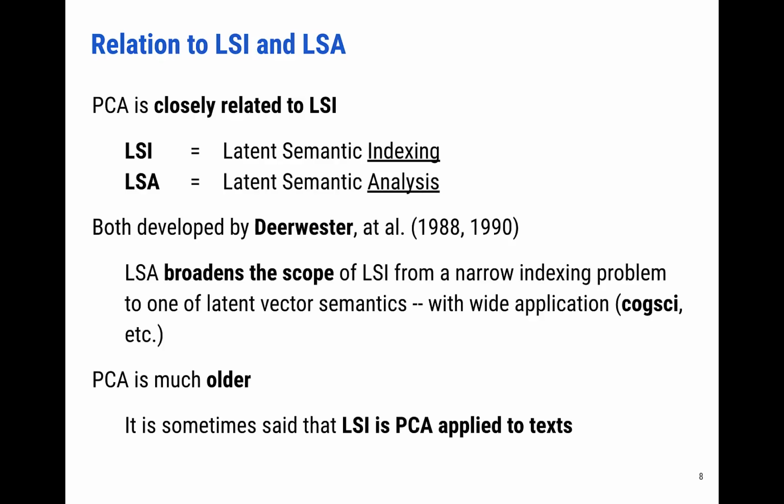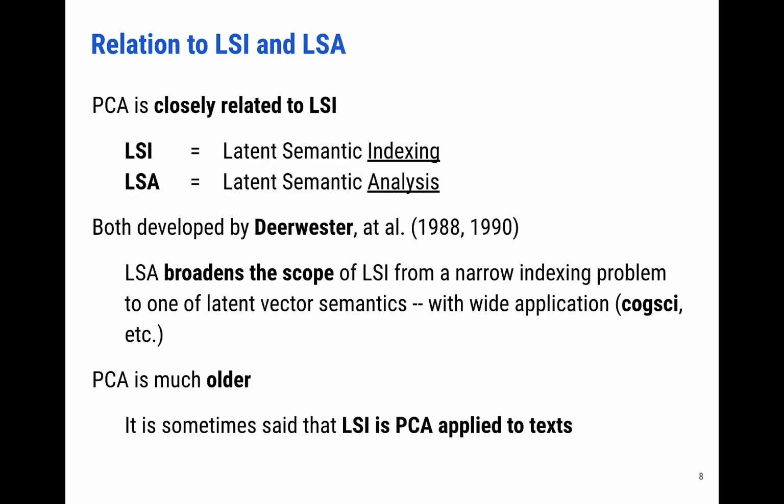Before getting into some of the details of PCA, let's quickly connect it to two important concepts, LSI and LSA. LSI stands for latent semantic indexing, and LSA stands for latent semantic analysis. Both were developed by Deerwester et al. around 1988 and 1990, a couple of important essays. LSA is actually a kind of rebranding of LSI, and it replaces LSI as a term in Deerwester's writing almost as soon as the term LSI is invented, although a lot of people still use LSI.